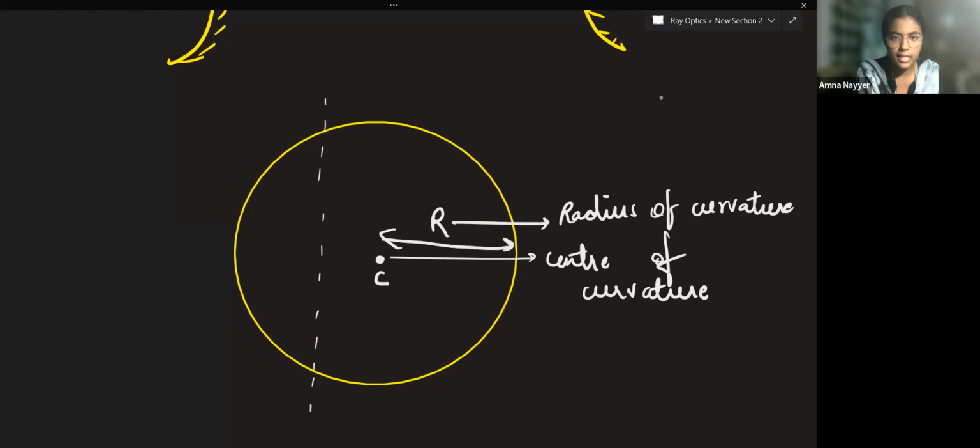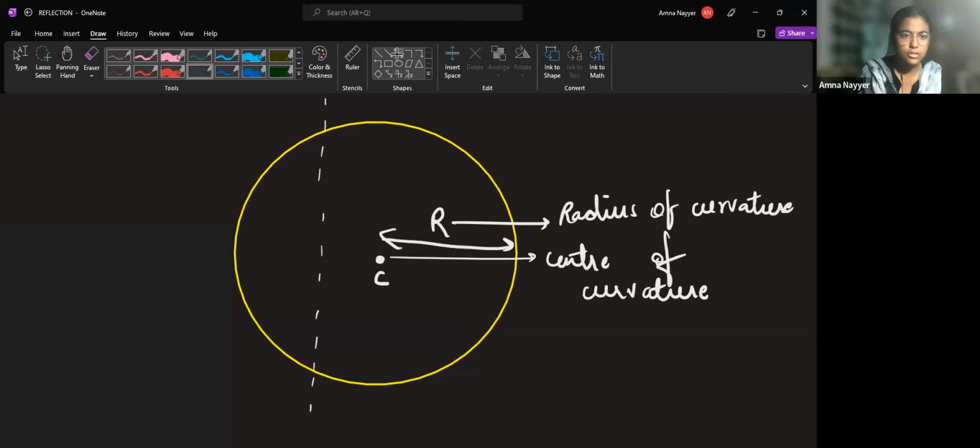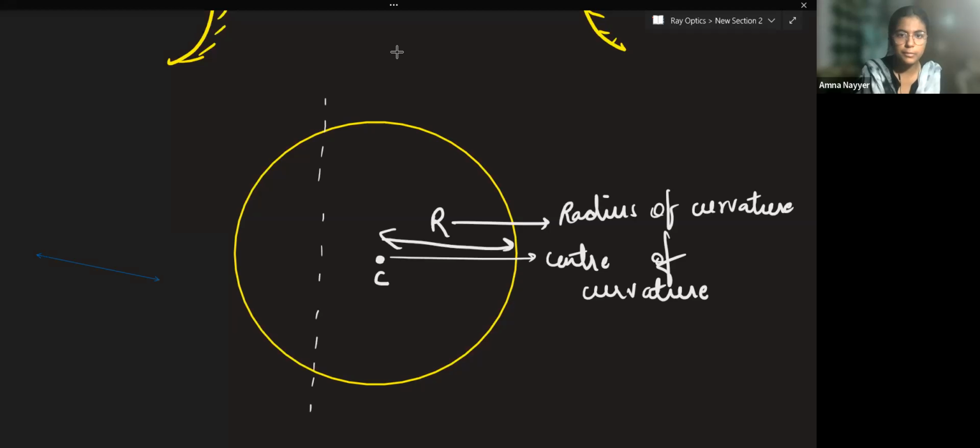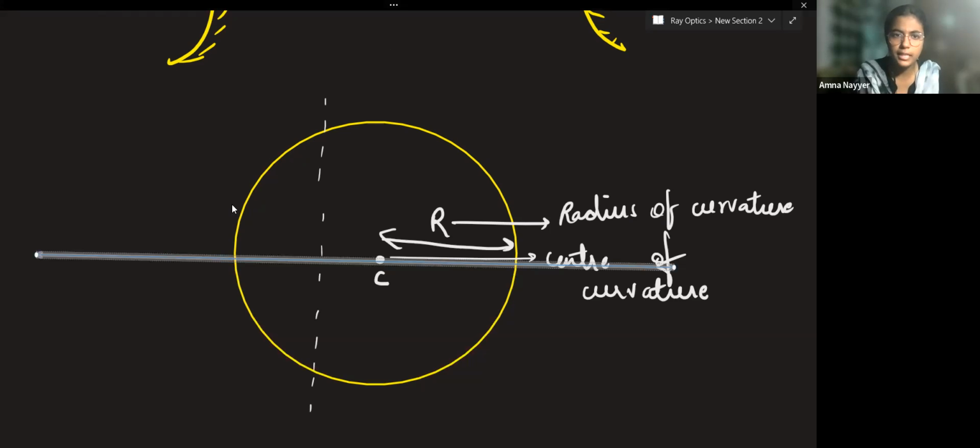Then see, if I join the diameter of this, there will be an axis that I'll get, which will pass through the center of curvature.